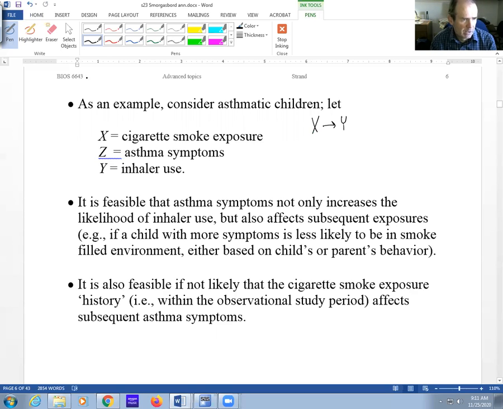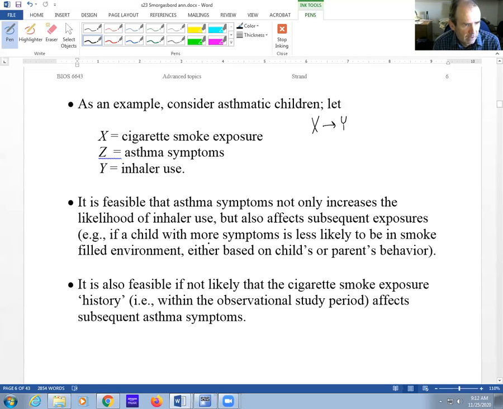Okay, so as I mentioned here in the second bullet point, it's feasible that asthma symptoms not only increase the likelihood of inhaler use, but also affect subsequent exposures.